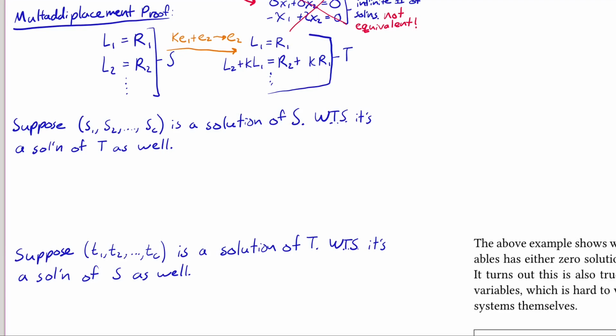Let's look at the first one first. We're assuming that we have a solution of S. What that means is that plugging that list of numbers into wherever the variables x1 through xc show up here is going to make it so the numbers that you get on each side of the equations are equal.